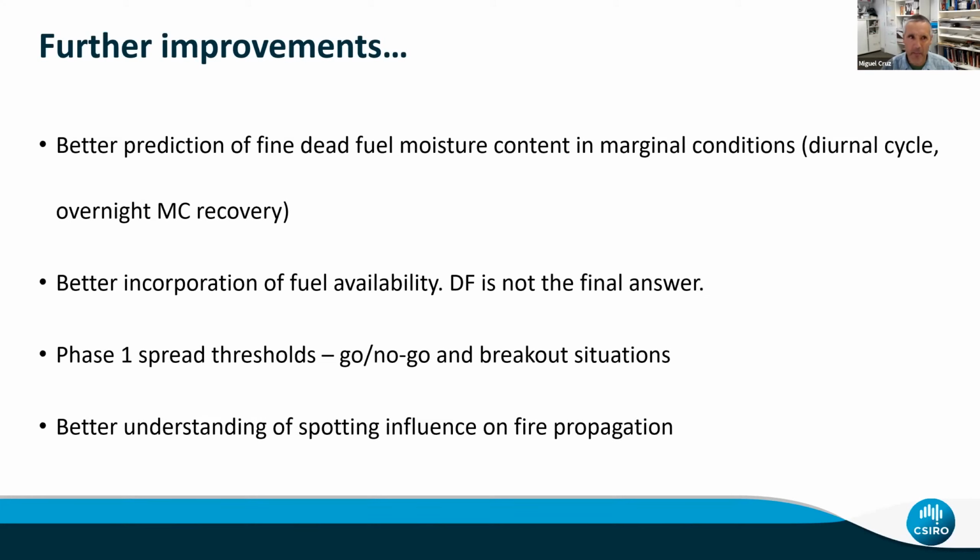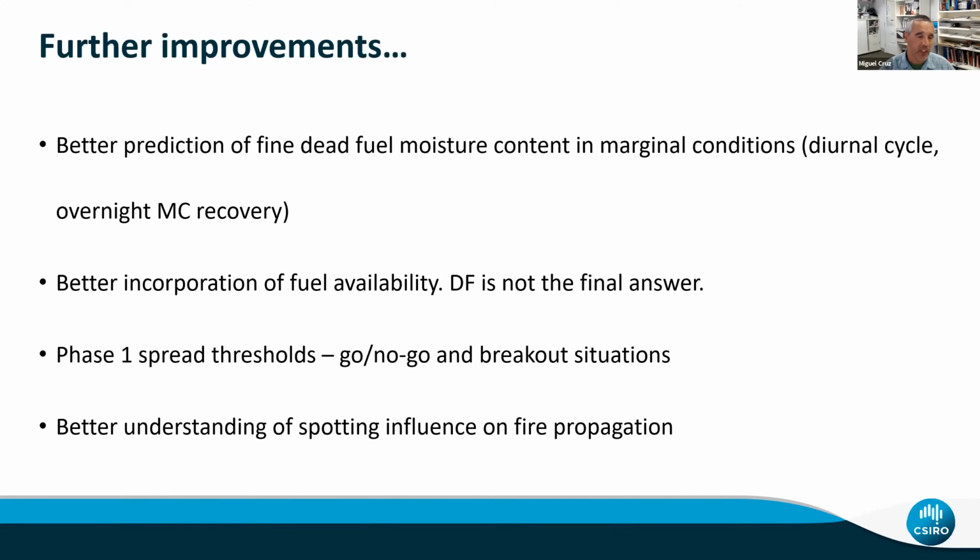So we found that it might be better if we could also capture some of that overnight fuel moisture recovery effect. Looking forward, we also want to better incorporate fuel availability into different metrics. A lot of people are working on this, and they might be able to come up with a better metric than drought factor.